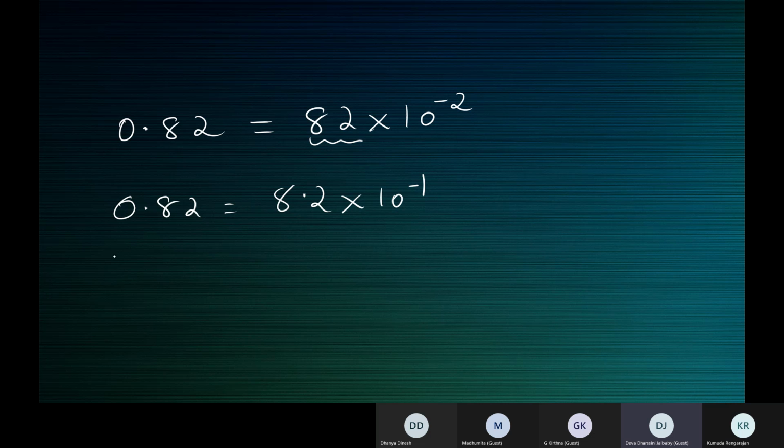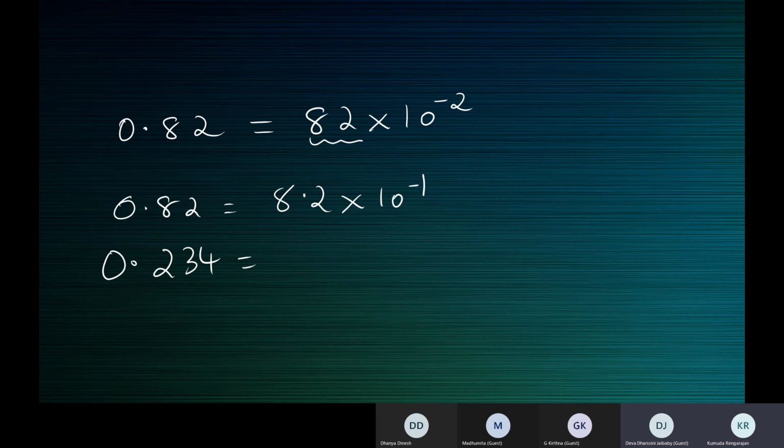Ma'am, I'm still not sure with the standard form, ma'am. No problem. Now you will be sure. Tell me, what's the number given to you? 0.234, ma'am. Now somehow make this value 1 or more than 1 but less than 10.